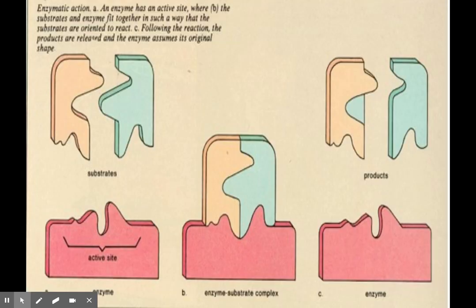Here we have an example of an enzyme creating two new substances by rearranging atoms. The two substrates kind of connect together, but nothing will happen unless they are also bonded with an enzyme. So on the left, we can see two substrates that fit together, but no chemical reaction can occur.